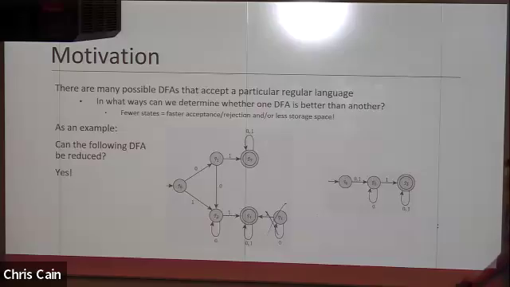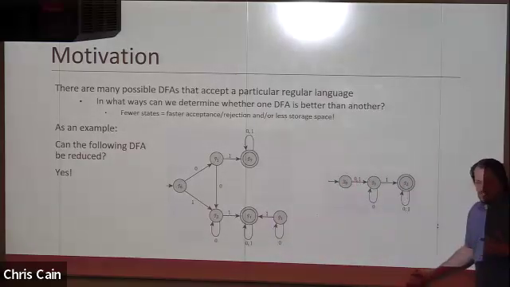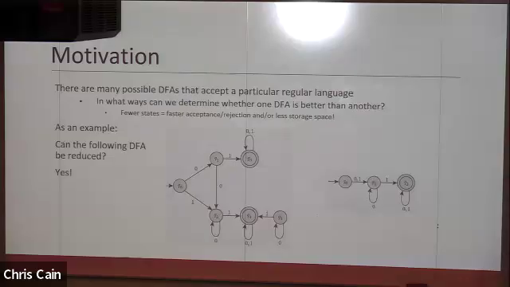So it's nice to have some kind of algorithm to run and understand a technical process that we can go through to verify that for an arbitrary DFA that doesn't rely on our intuition. But of course, building that intuition is an excellent thing to be thinking about, because if you get the sense this can be reduced just by looking at it, then it's worth running the algorithm on it.